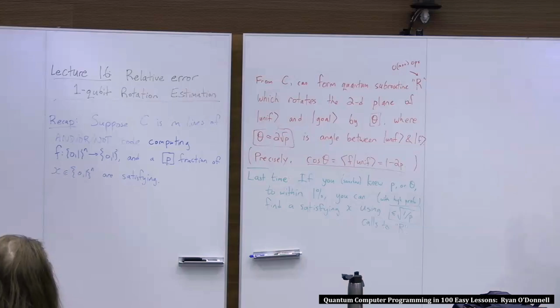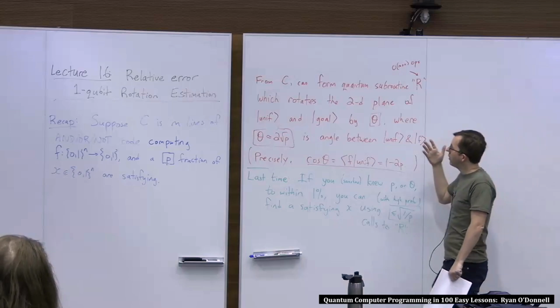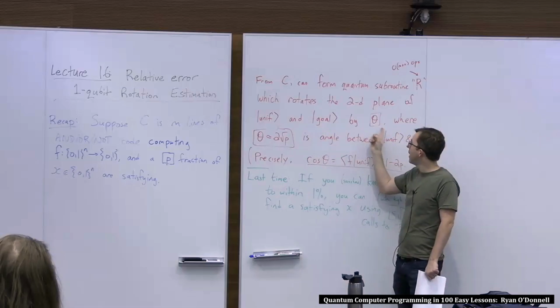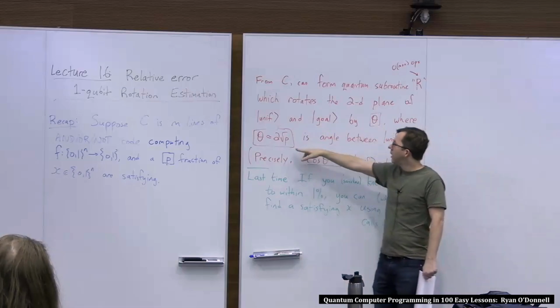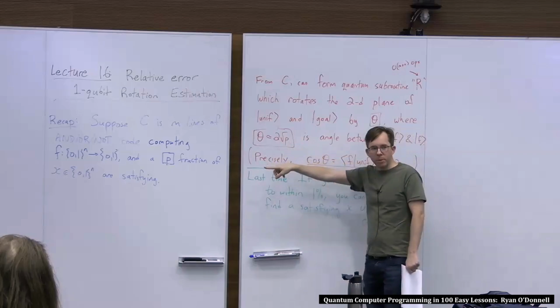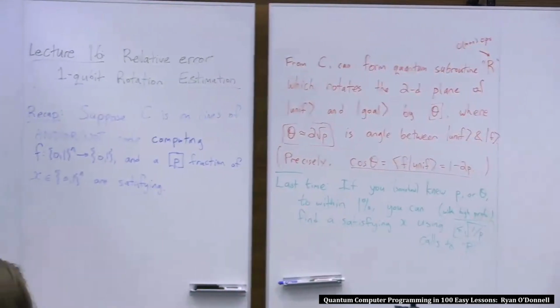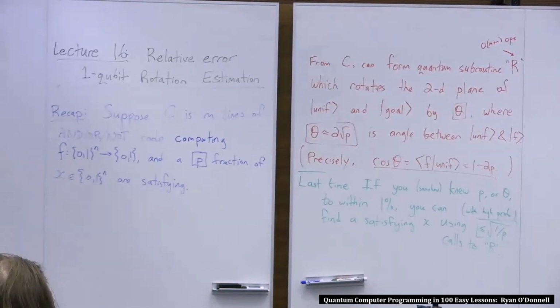And this R rotates the two-dimensional plane containing these two vectors by an angle of theta, where theta is extremely closely related to this fraction p. It's basically theta is like 2 times square root p. We don't need to know theta or p to set up R. R just always gets set up like this.